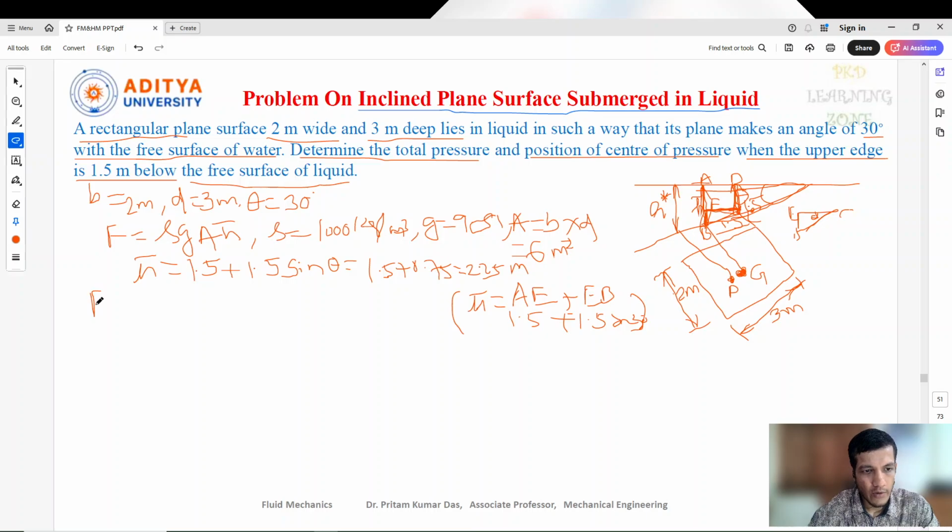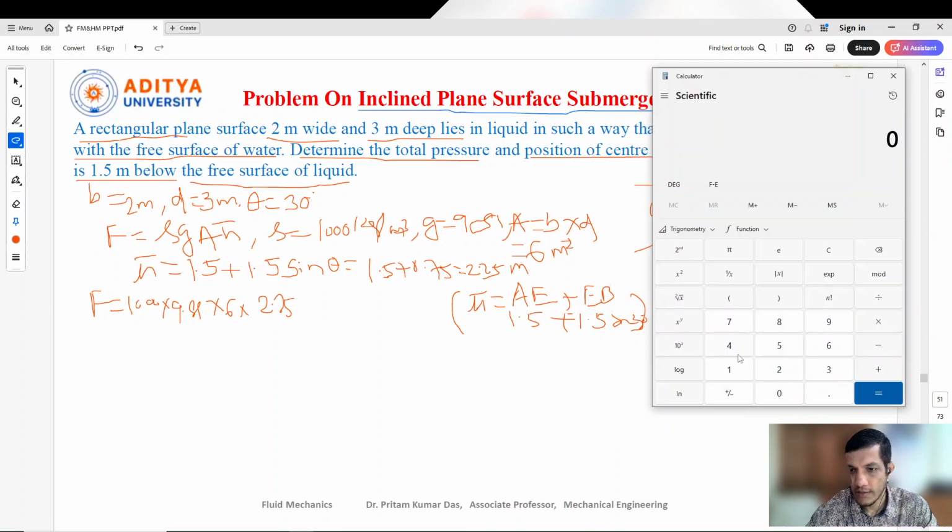So we can put the value of h bar there and find 1000 into 9.81 into area 6 into 2.25. Let's see what we get: 1000 into 9.81 into 6 into 2.25 gives 132,435.